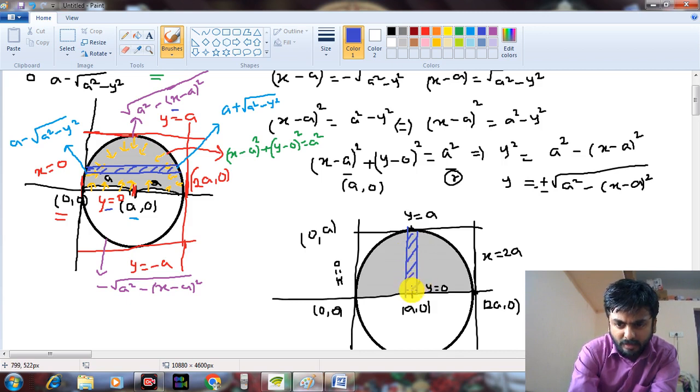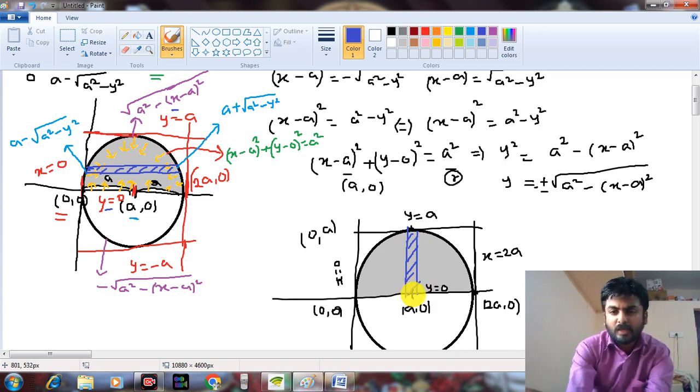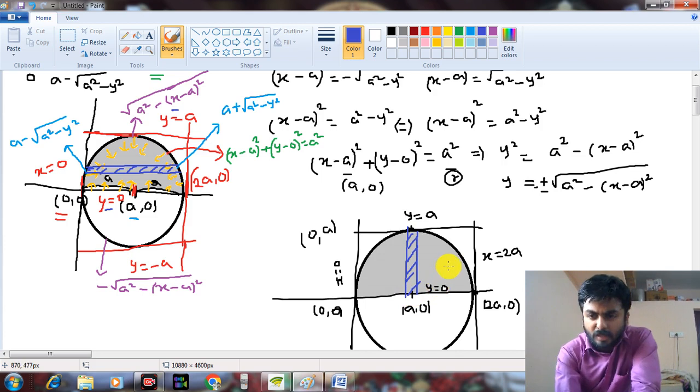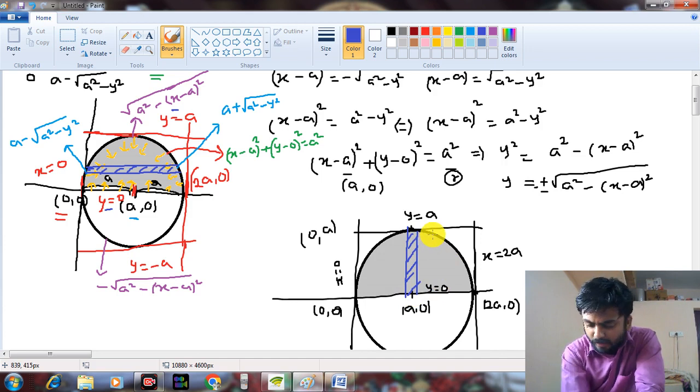Okay, so here since we are taking the internal limit as y, the y should be the variable. Internal limit y should be the variable. What is the equation of y? The equation of y is written here.